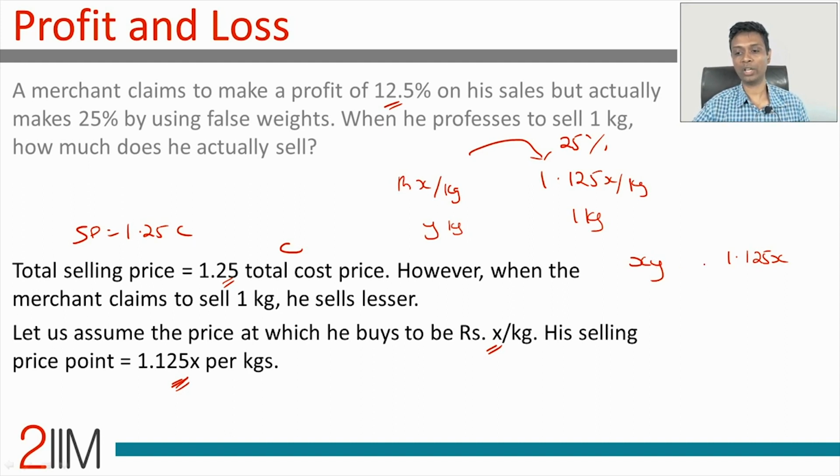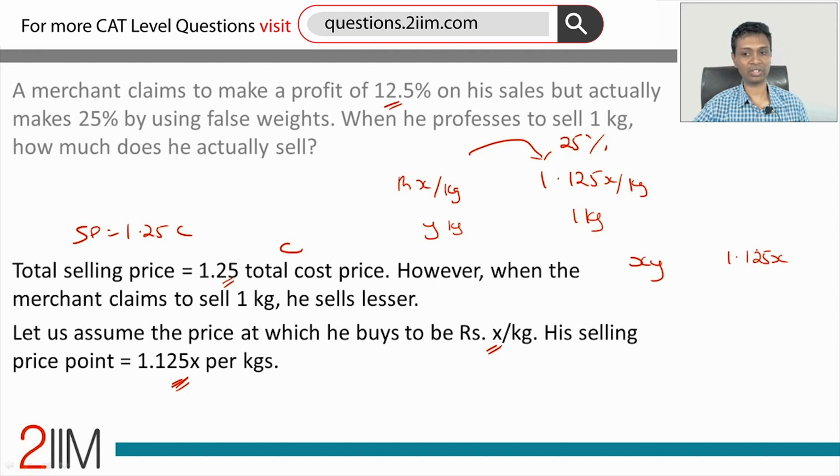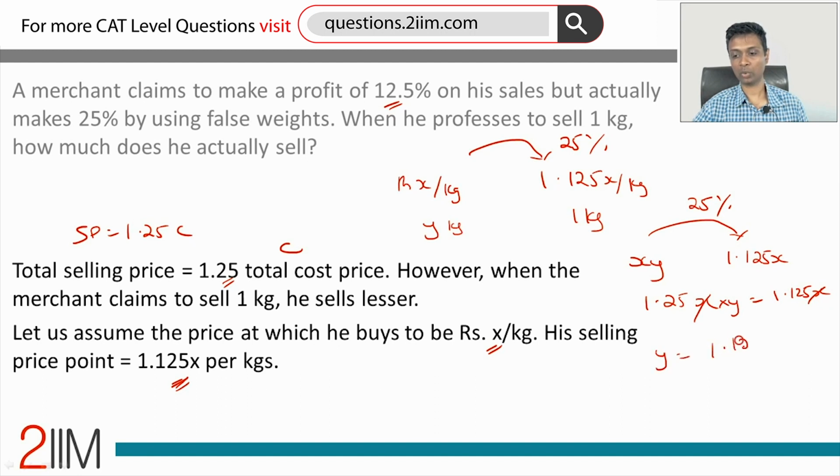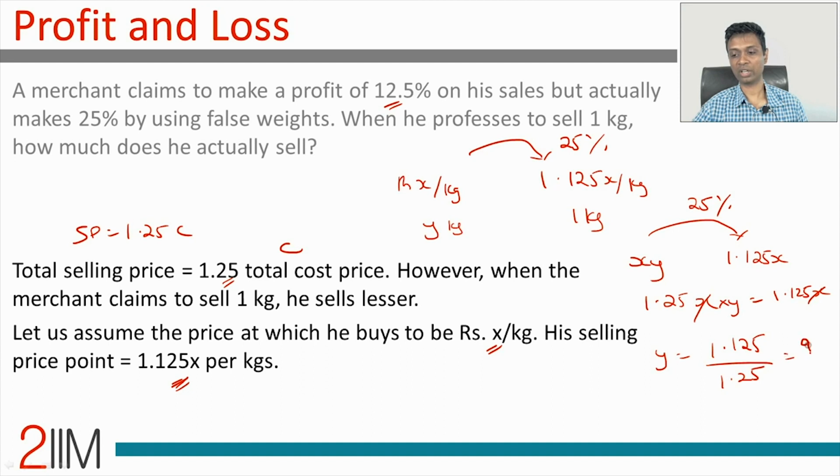So the cost is X into Y, and the selling price is 1.125 X. This transaction makes him a profit of 25%, so 1.25 times X into Y is 1.125 times X. X gets knocked off. Y equals 1.125 by 1.25, or Y is 9 by 10, or 9/10 of a kilogram, which is just 900 grams.